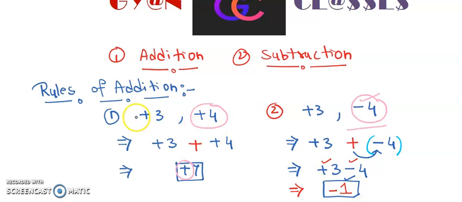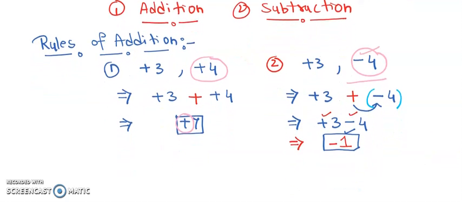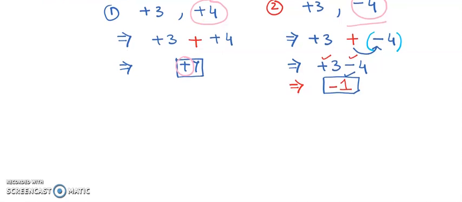So these are the two rules of addition of two integers. Let us move towards rule number 3. I am going to take the same examples only. Suppose we have the first number as negative, whereas the second number is positive, with the same numbers, and we have to add them.